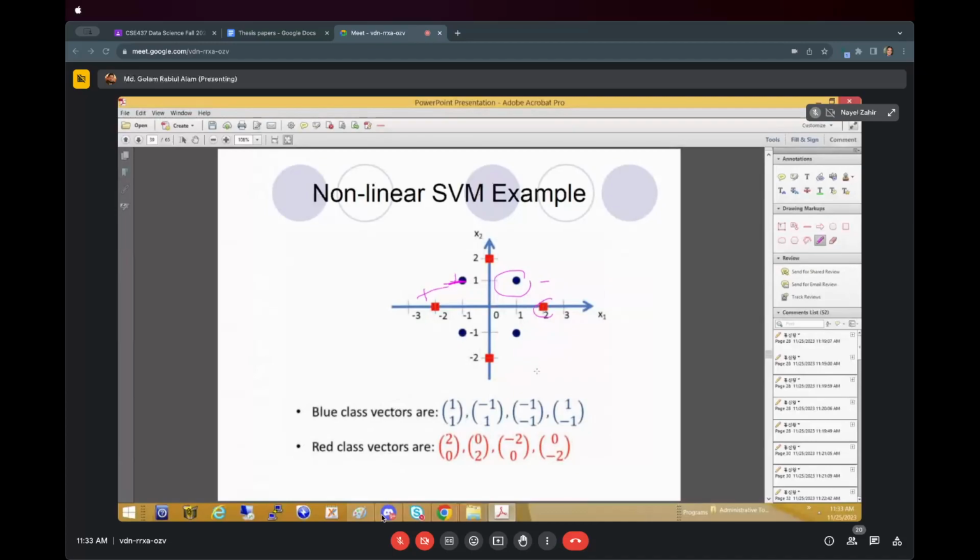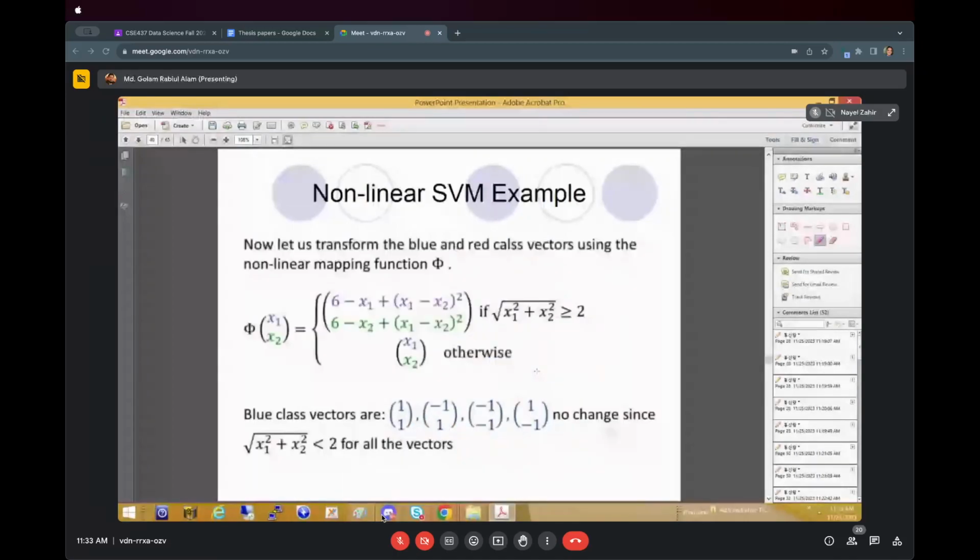We need a transformation function, and this transformation function is proposed in the book. If we apply this transformation function, then we will get those points in a new dimensional space. Here, let us transform the blue and red class vectors using the nonlinear mapping function, phi.